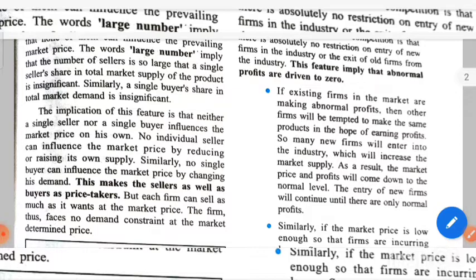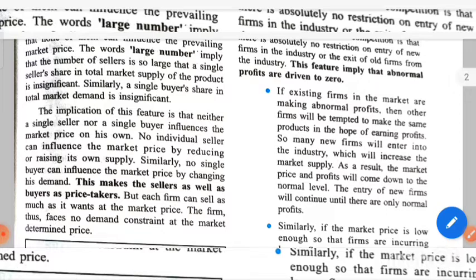Now they cannot charge whatever price they want. For example, A is charging 50 rupees for that soap, B is charging 30 rupees, C is charging 20 rupees. If they are selling the same product, the consumer will go directly to C, who is selling the bathing soap for 20 rupees.